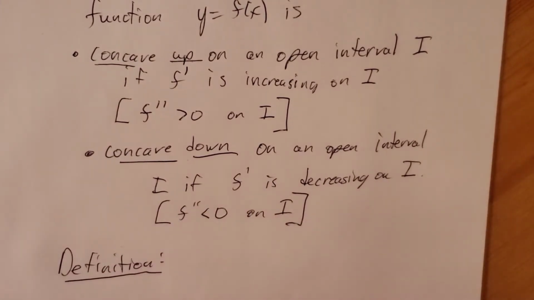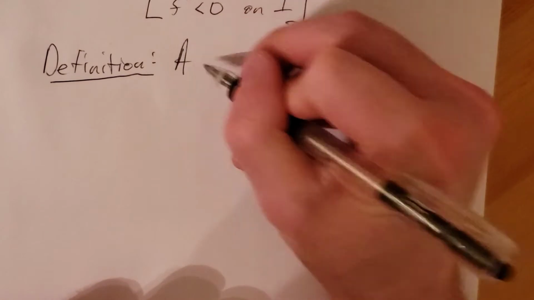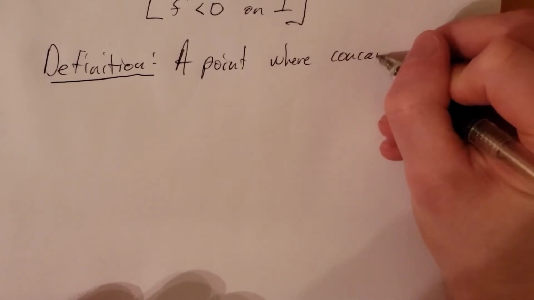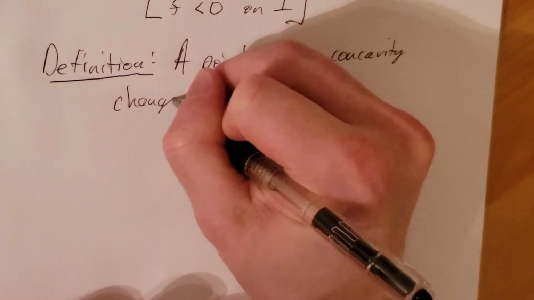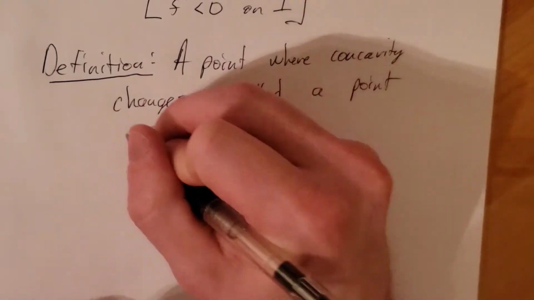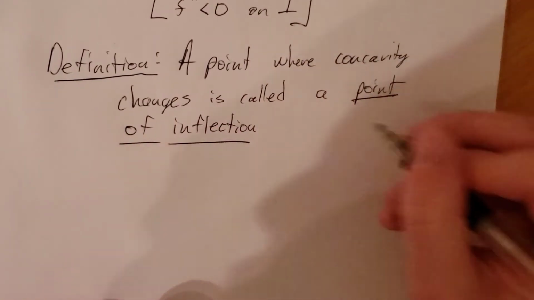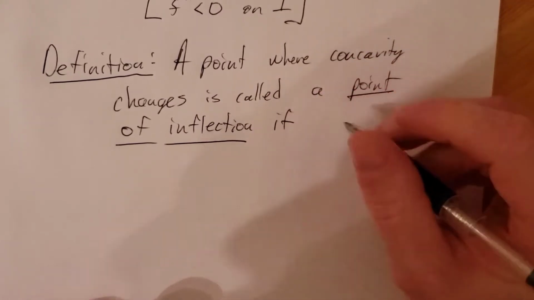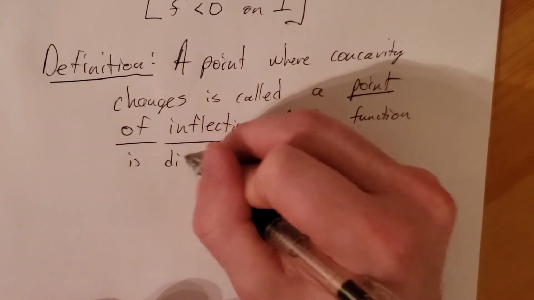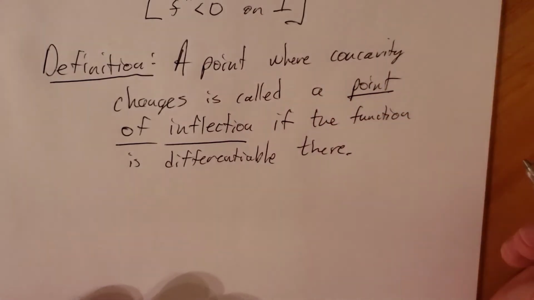We'll see what all of this means via a picture in just a moment, but another quick definition, and that is a point where concavity changes is called a point of inflection if the function is differentiable there.